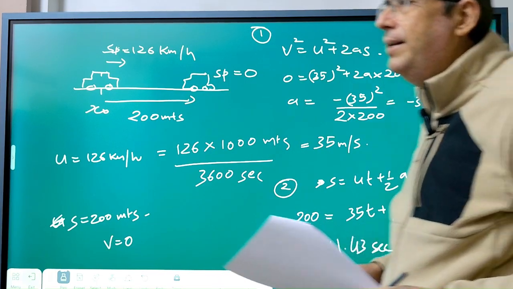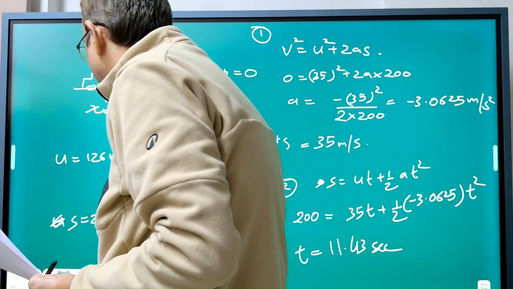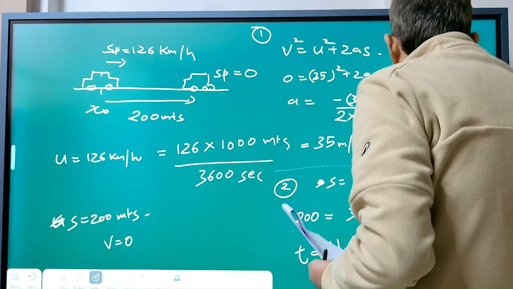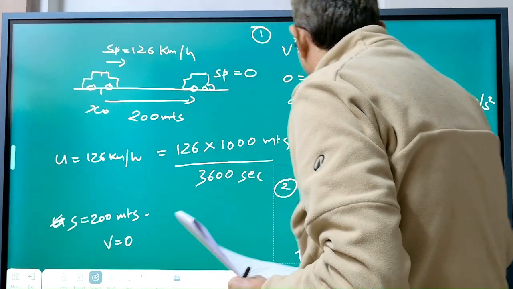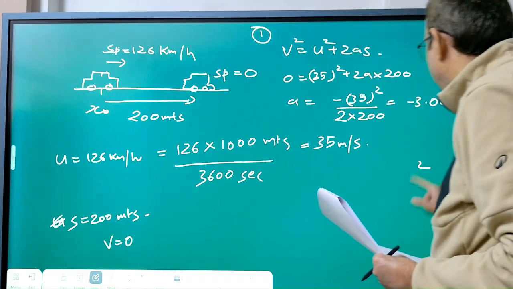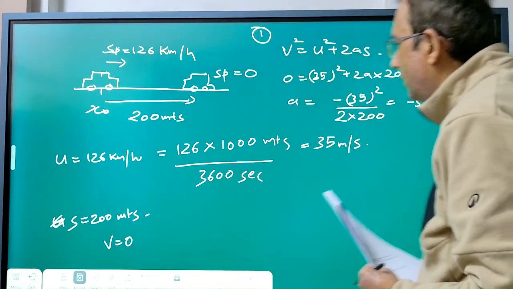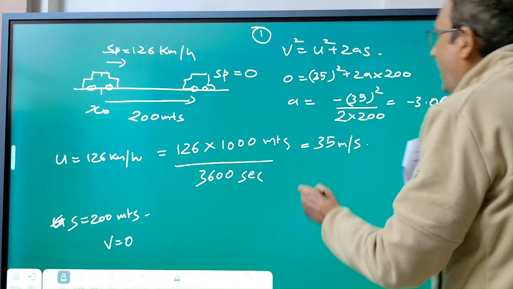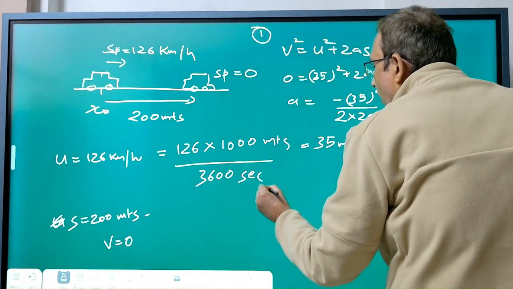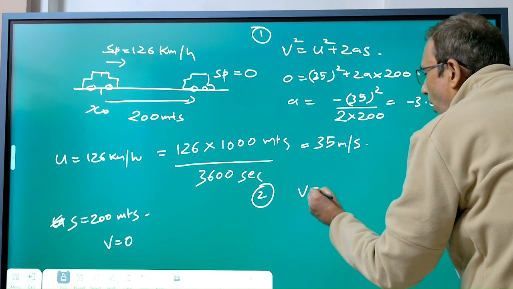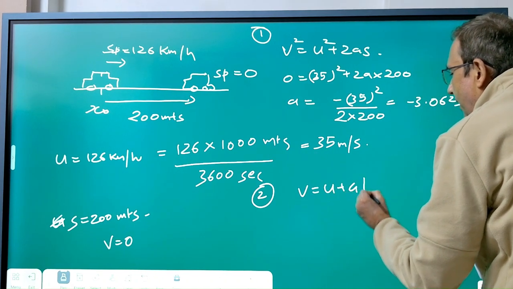Okay, and then you can solve it by another method, using another equation of motion, which is v is equal to u plus at.